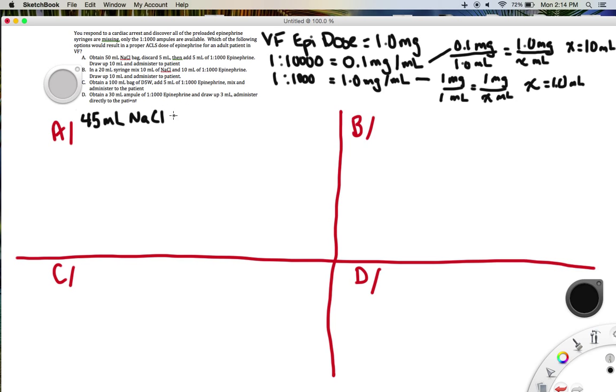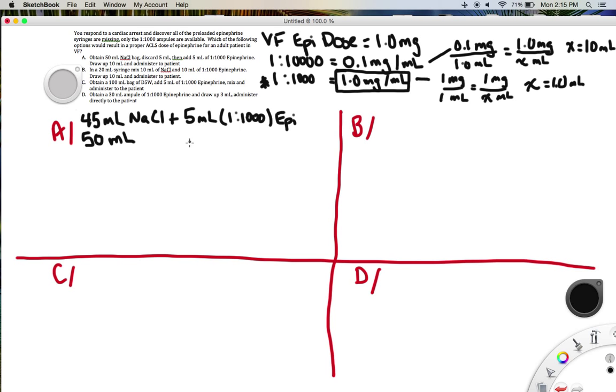Then we add 5 mils of 1 in 1,000 epi. So we're adding this guy, 5 mils of this concentration. So our total volume is back to 50 mils, and inside that 50 mils we have 5 milliliters of epi.